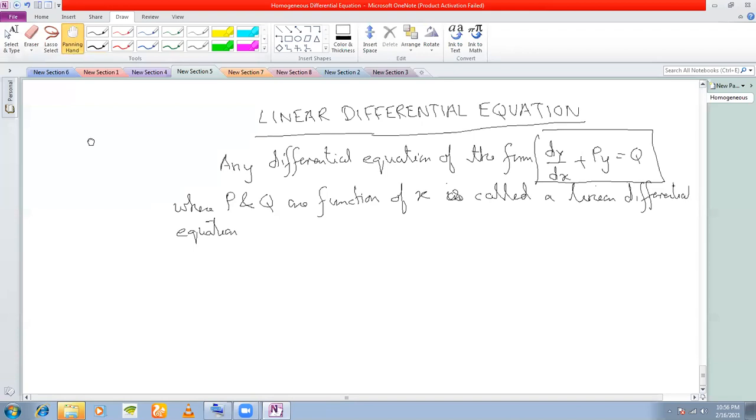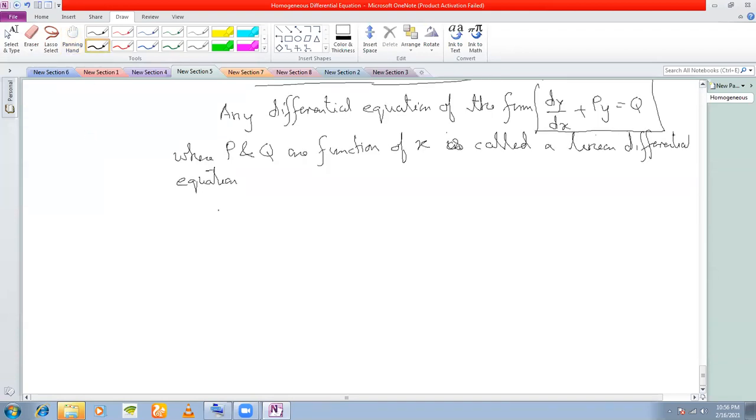Okay. Now, to solve this differential equation, we multiply both sides of the differential equation by something called the integrating factor.